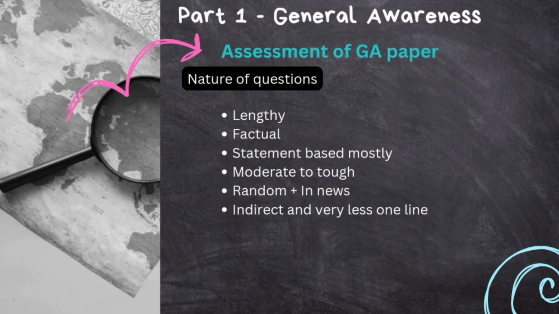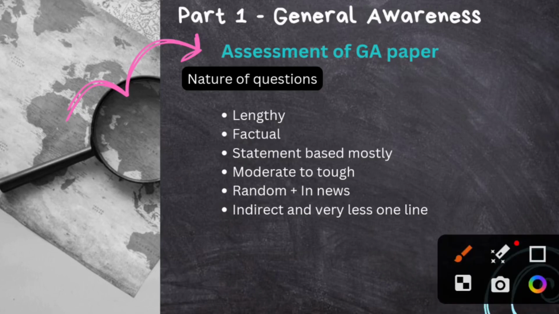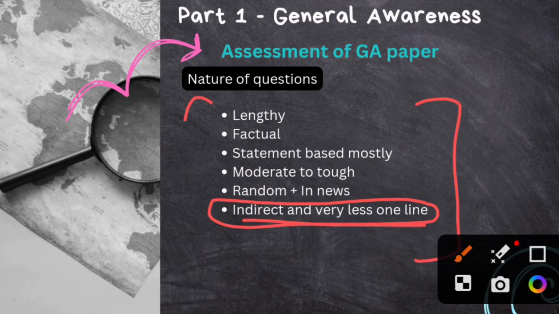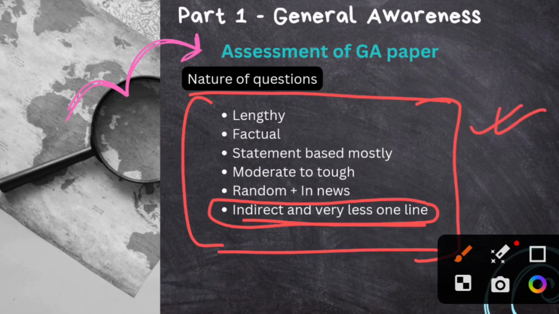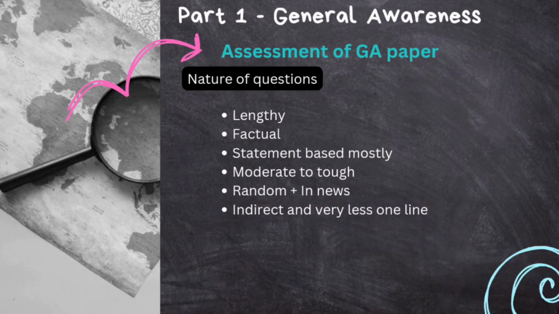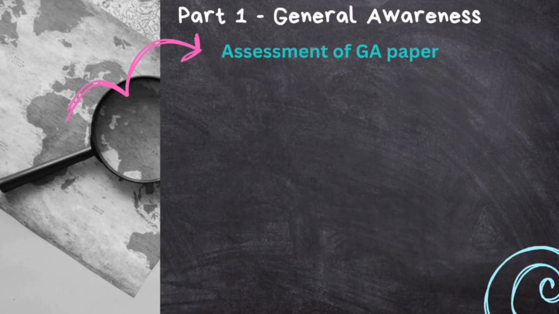And lastly, like I said, they were indirect, they were random, and very few one-liners. So this is the crux of what I have discussed so far. This is something one needs to keep in mind next year as well, because I think the same thing will happen next year, and you need to be mentally prepared to face such questions.